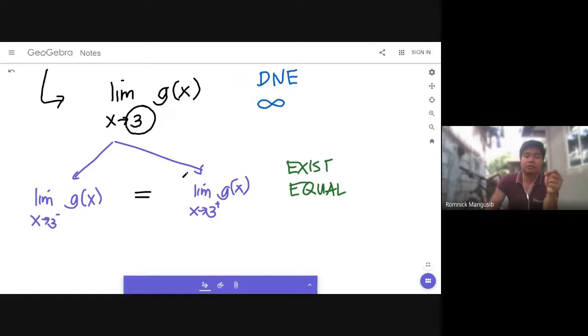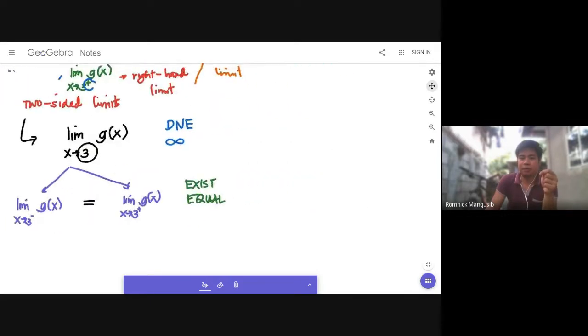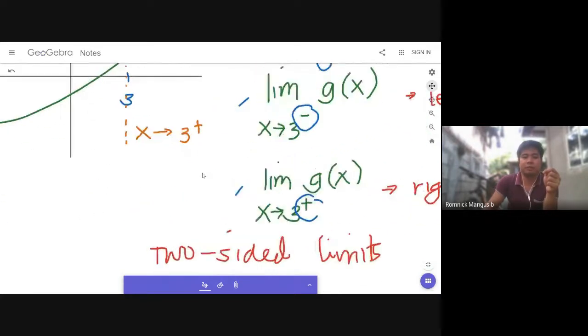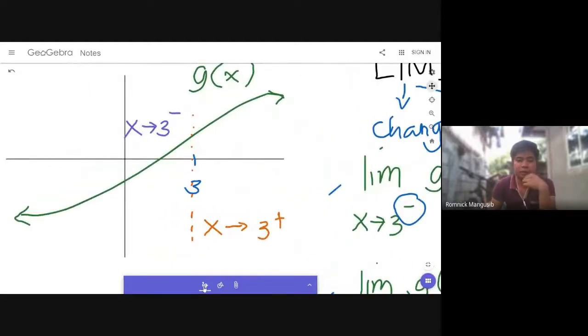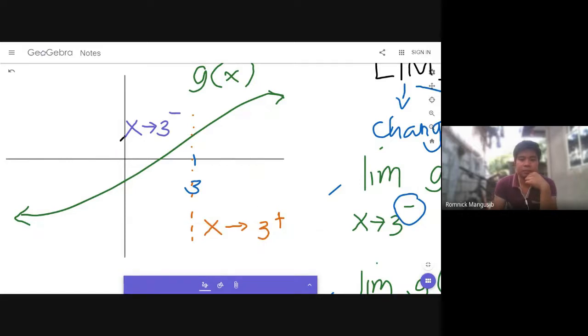Okay? So to give you an example to that, let's go back to the illustration. So, halimbawa dito sa illustration na magbibigay ako ng mag-a-assume tayo ng number. Okay? Halimbawa, there is a number here. Let's say that is 1.